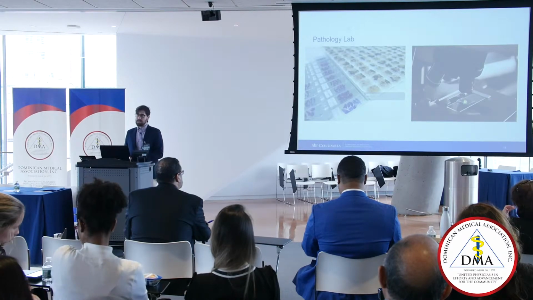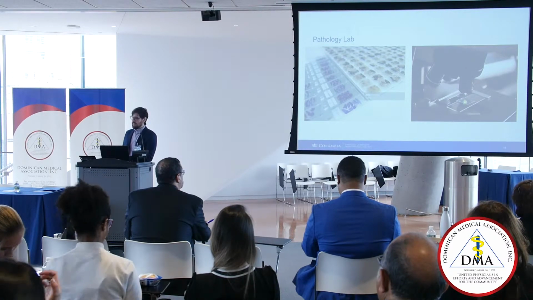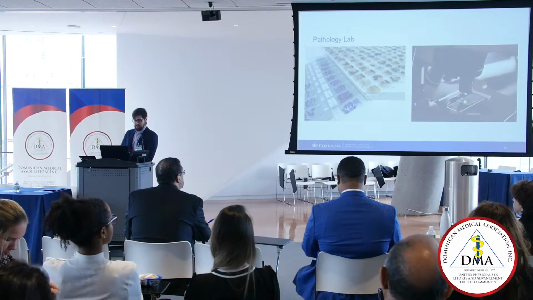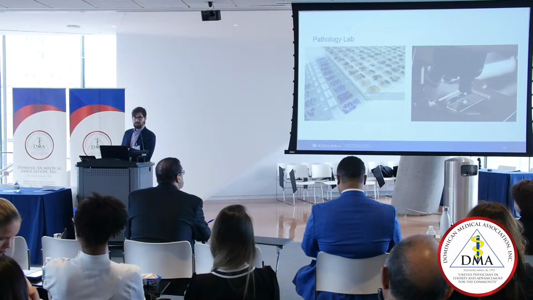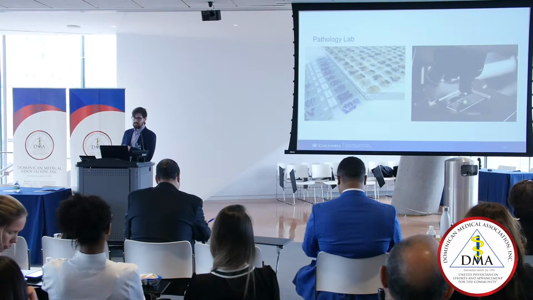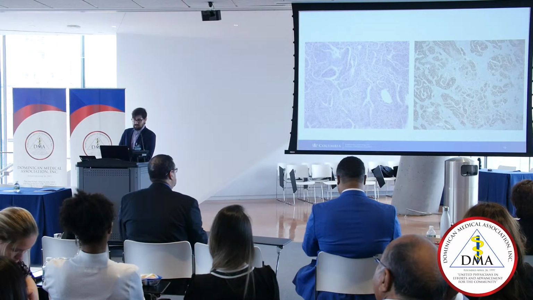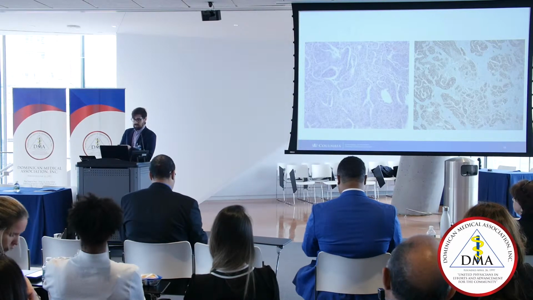In the lab, we'll submit that tissue to formalin, put it into wax and cut it into little tiny pieces, like you can see here, and then put it onto slides, and we'll look at those slides in the microscope, and you'll get something like this, where we can diagnose cancer based on the features under the microscope.